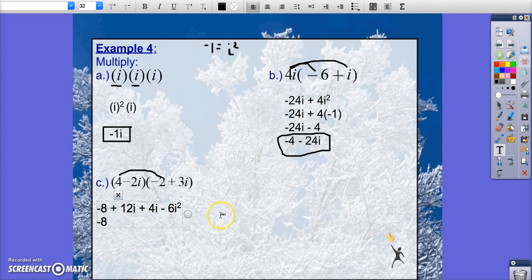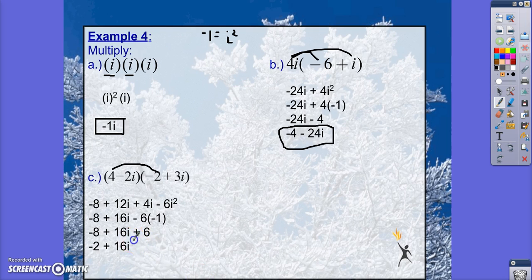I'm going to combine these two in the middle to get 16i, right? And don't forget, i squared is negative 1. So you see I actually write it here. Negative 6 times negative 1 is positive 6. And last but not least, we could combine like terms. I get negative 2 plus 16i. Now that's my answer. So we combine these and multiply those out.